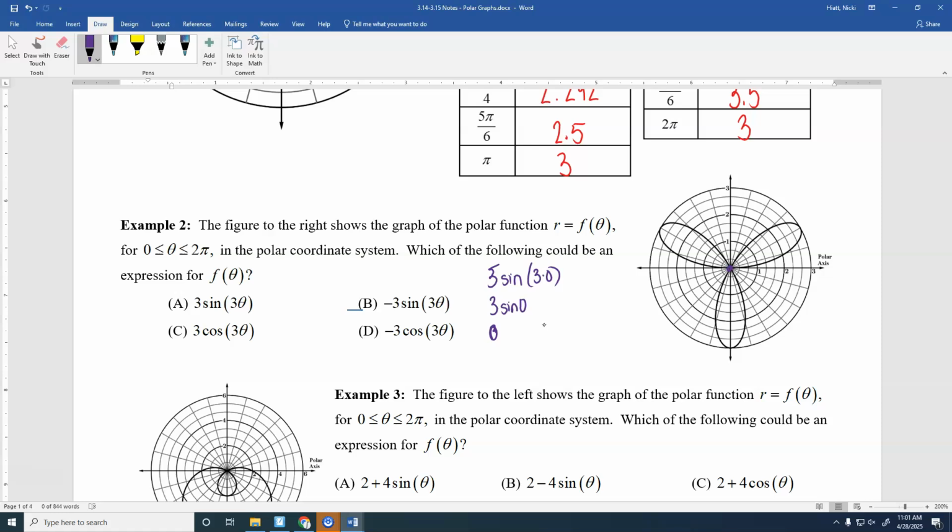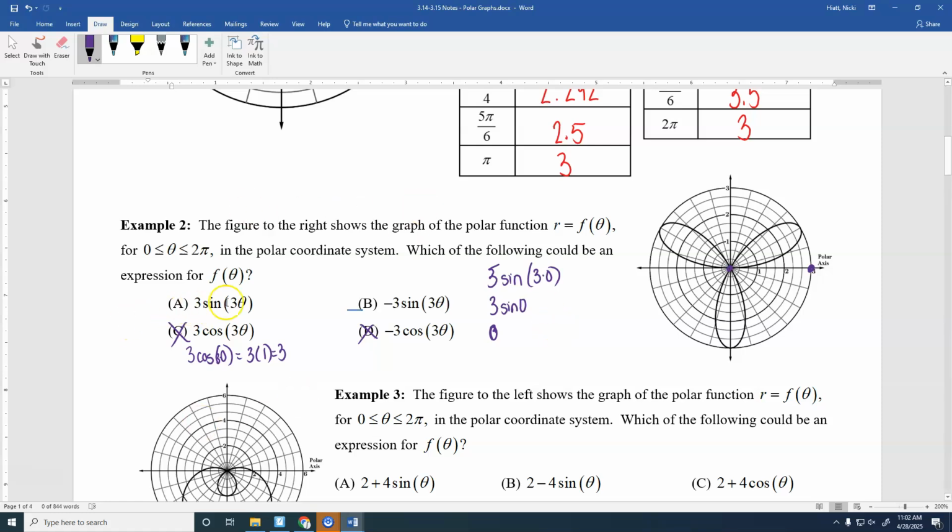I will not, because if I do 3 cosine of 0, cosine of 0 is 1, so I would get 3. So the cosine graphs should have a point at 0 degrees, 3. It should be out here. That is not on my graph. So the cosines are not going to be part of this graph.